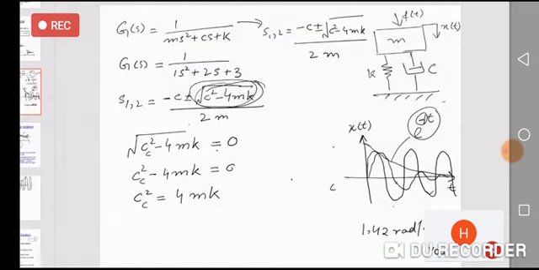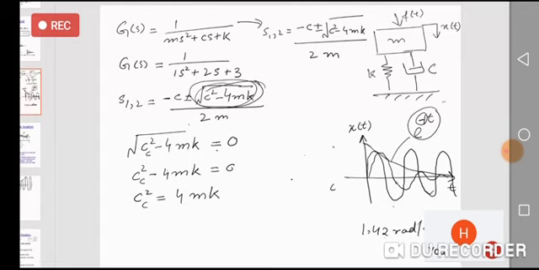Students? Yes, sir. Okay? Now the definition of CC is this: we know that if the C value is 0, then there will be no damping and there will be oscillation without any decay. If we introduce some C value, then it will result in some damping.